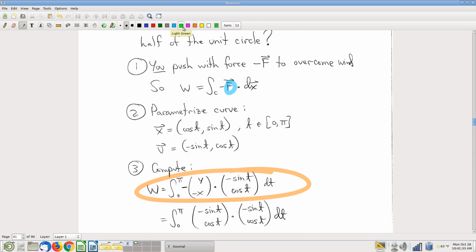Don't forget x and y are in the parameterization, right? So y is sine t. Don't forget that minus sign. Okay. Likewise, this x here, that's being multiplied by two minus signs, is cosine t. Okay, so that's just plugging in is all we did.